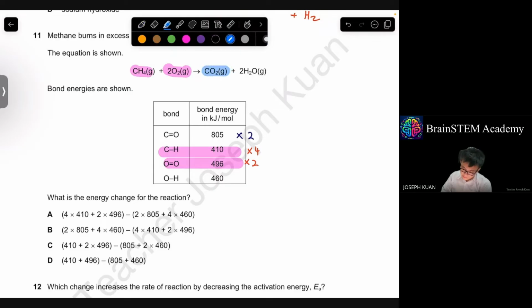I need to form back 4 OH bonds. Given that 1 water has 2 OH bonds, 2 water makes 4 OH bonds in total. So delta H is bond breaking minus bond formation. That should be 4 times 410 plus 2 times 496 minus 2 times 805 and also 4 times 460. So A is the answer.